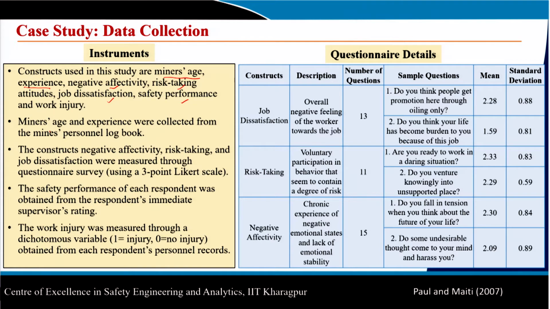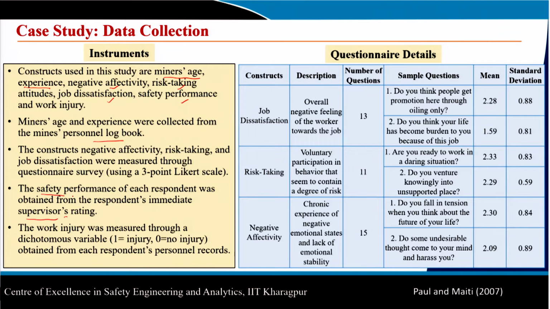So you see that miners' age and experience came from the personal logbook; the constructs negative affectivity, risk taking and job dissatisfaction through questionnaire survey; and the safety performance of each respondent was obtained from the respondent's immediate supervisor rating.